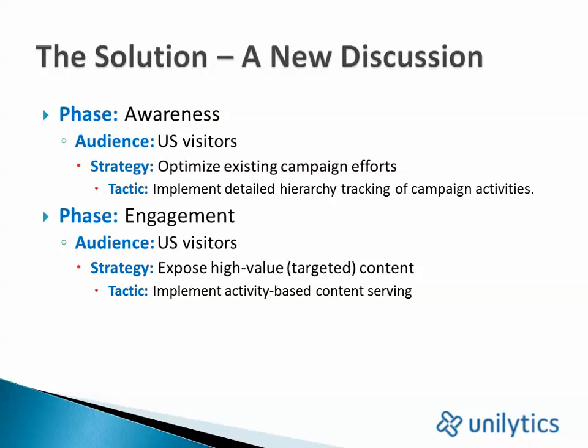A short-term horizon tactic: let's implement activity-based content serving. That's a common abbreviation out there, ABCS, which you'll see in a diagram I'll be showing here in a second. Activity-based content serving says that there are certain types of content and the community will assist you with determining what is most relevant.